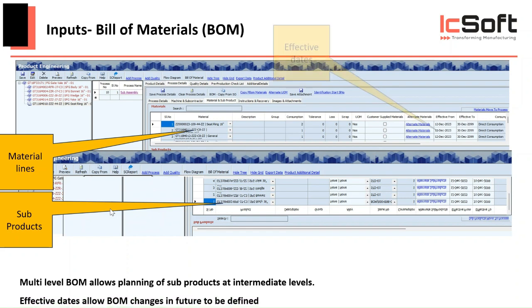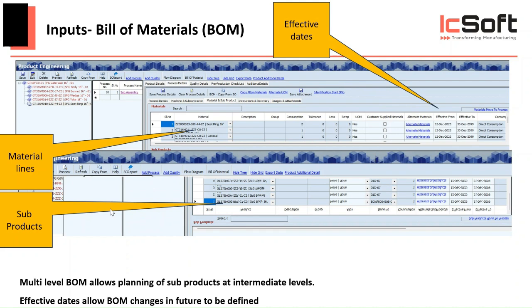Effective dates of the BOM is an important feature. In manufacturing companies, engineering changes keep on taking place and the bill of material continuously undergoes change. As and when we plan a change, it comes into effect at some future date and we need to capture that while the current production follows the existing BOM.